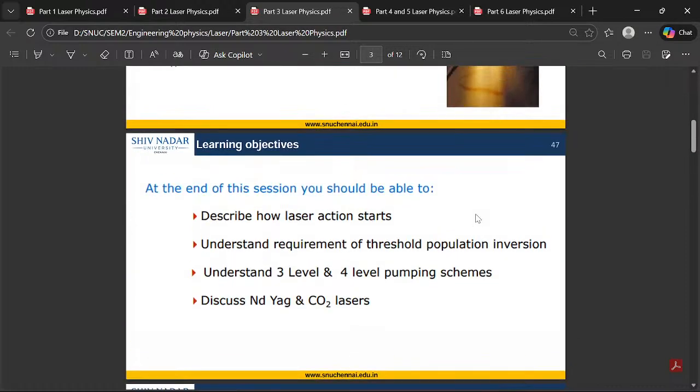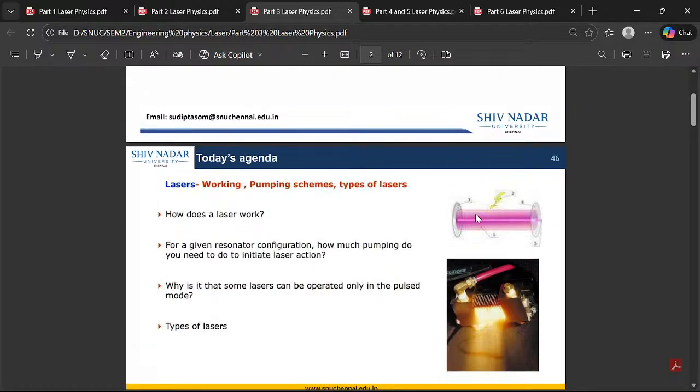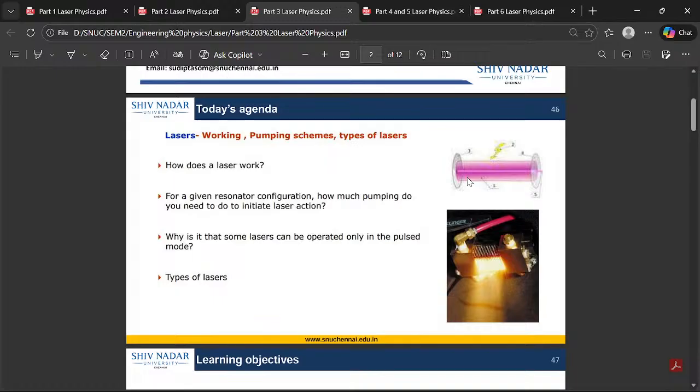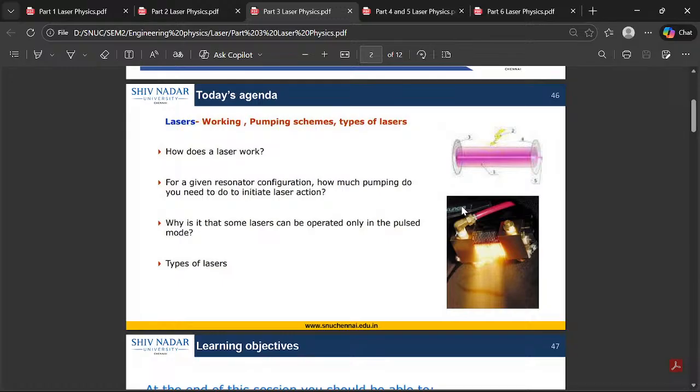This part essentially explains how a laser works, what the lasing action is, and how to achieve it. For a given resonator, how much pumping do we need to initiate that action? For the lasing action to happen, how much energy we have to give to the laser. Some lasers can only be operated in pulse mode.